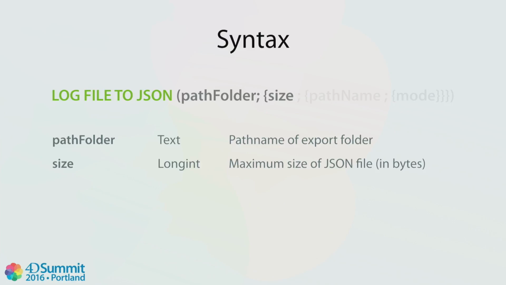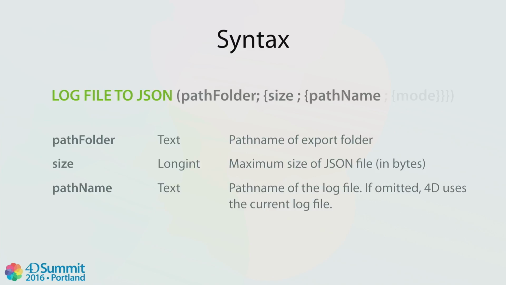If you want to export it into a JSON file, just imagine the application that has to parse that in, reading 50 megabytes to parse it. That's crazy. You want to chunk it up, right? So you can determine the size of the log file that you want to export. Let's say you split it up into 5 megabytes at the most. So it has 10 files created for you.